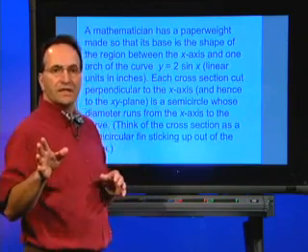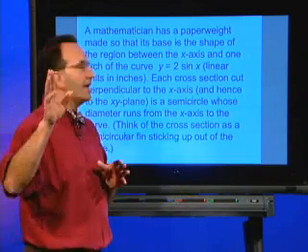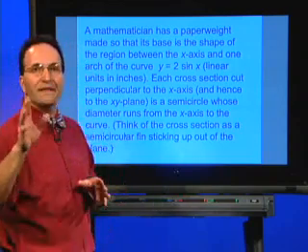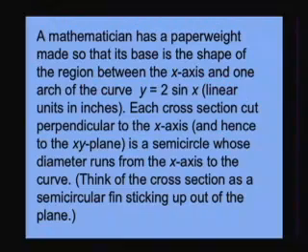A mathematician has a paperweight made so that its base is the shape of the region between the x-axis and the one arch of the curve y equals 2 sine x, measured in linear units, in inches. Each cross-section cut perpendicular to the x-axis, and hence to the xy plane, is a semicircle whose diameter runs from the x-axis to the curve.